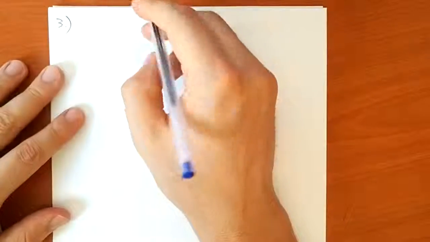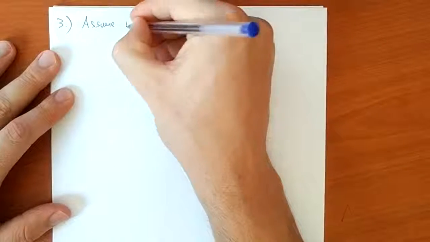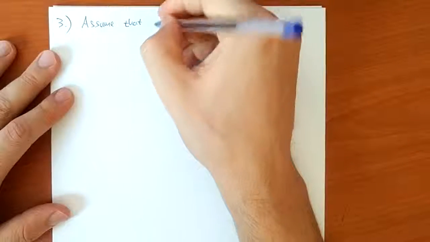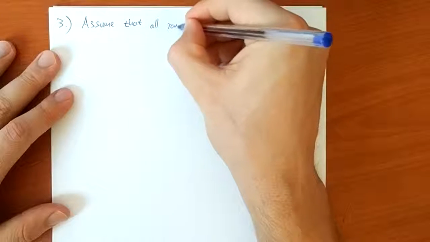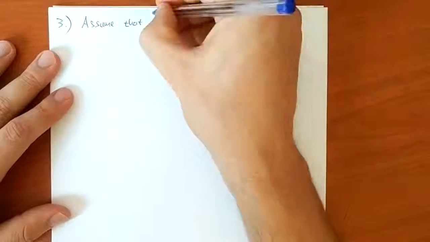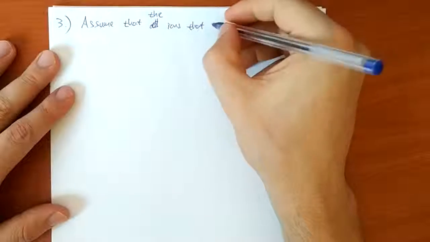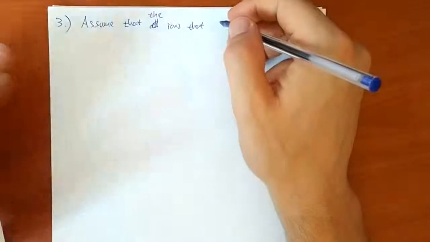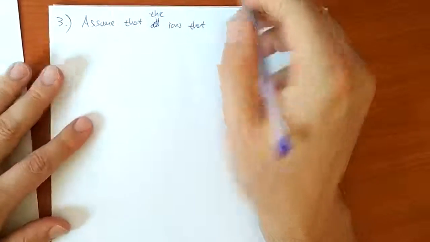So assume that the ions, these ones that we're told about, are referred to as isotopes, but specifically they are ions.